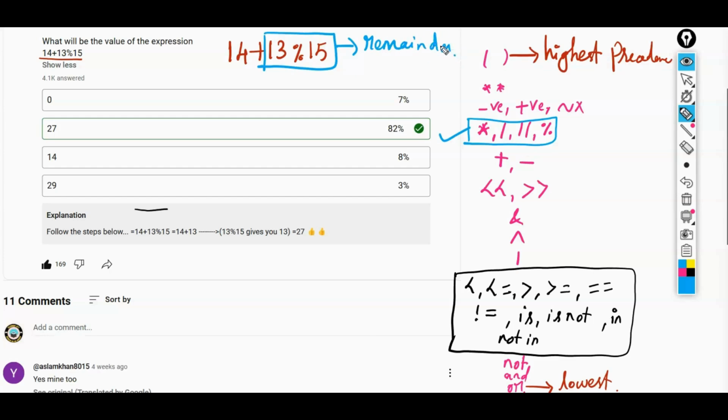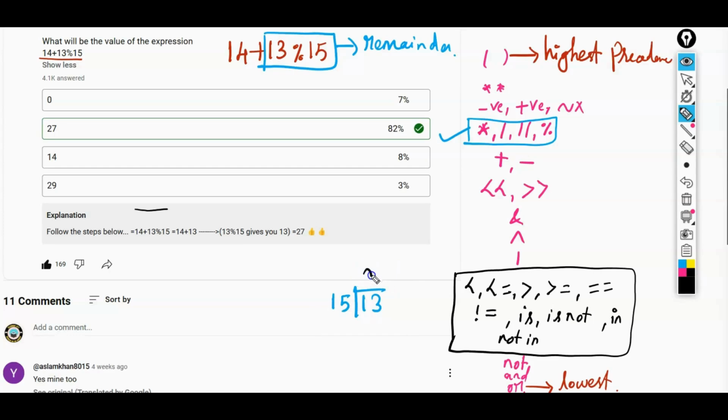So you should compare the two values. If the first value is lesser than the second value, then you should pick up the first value as the answer. Practically, in 13 mod 15, you should divide 13 by 15. This 15 is higher than 13, so what should you do?